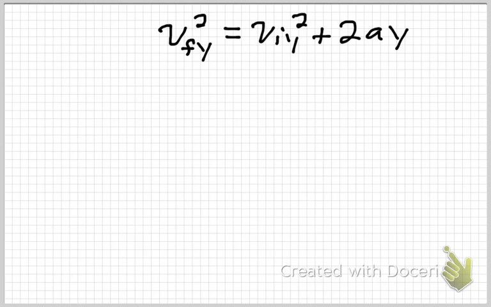So to get velocity final y by itself, I take the square root of each side. And on the left-hand side, since a radical is actually a 1/2 power, because of your exponent rules, the square cancels on the velocity final in the y.